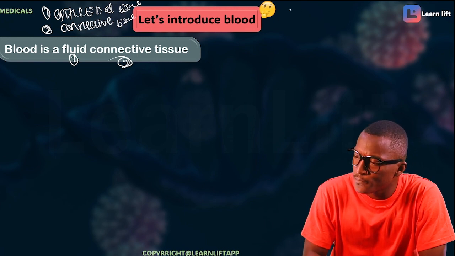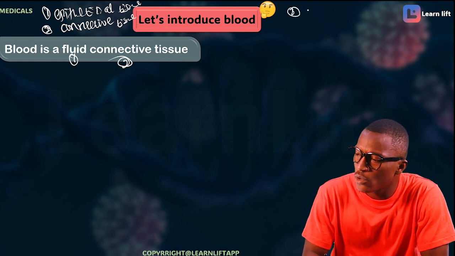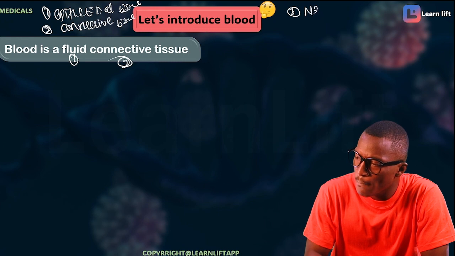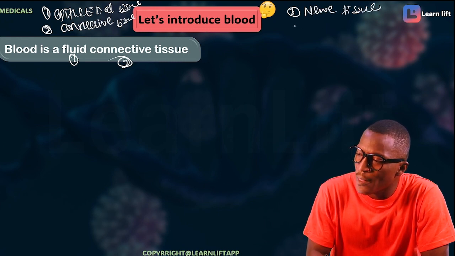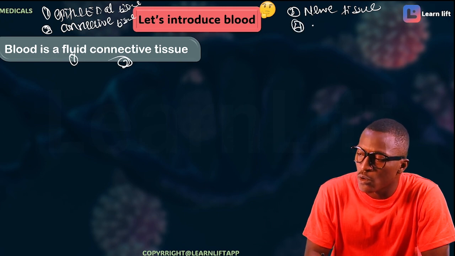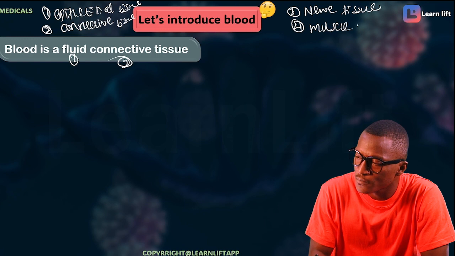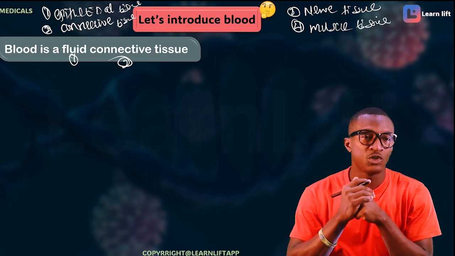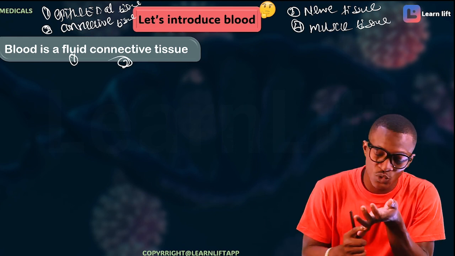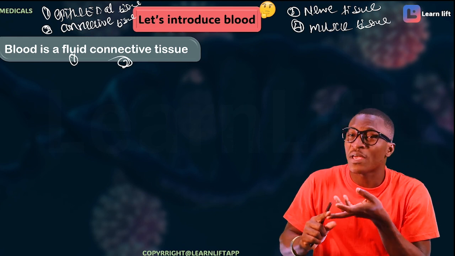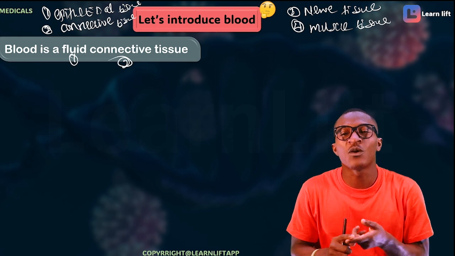Number 3, we have what we call the nerve tissue. And number 4, we have what we call the muscle tissue. I said there are 4 tissues we have in the body: the epithelial tissues, the connective tissues, the nerve tissues, and the muscle tissues.